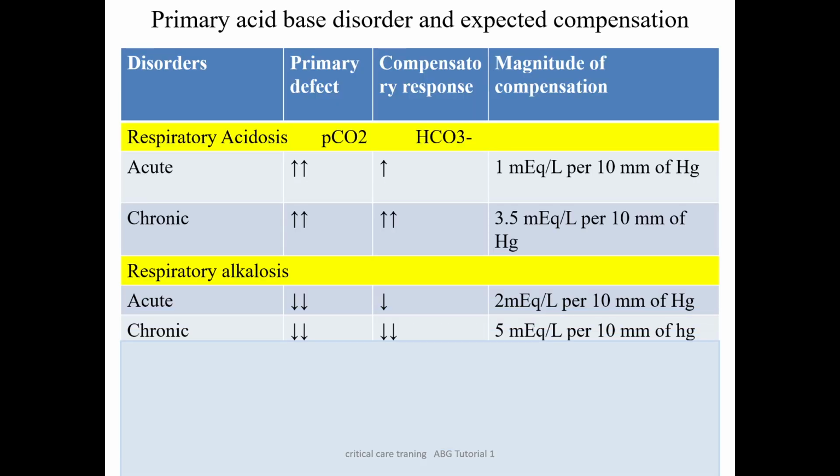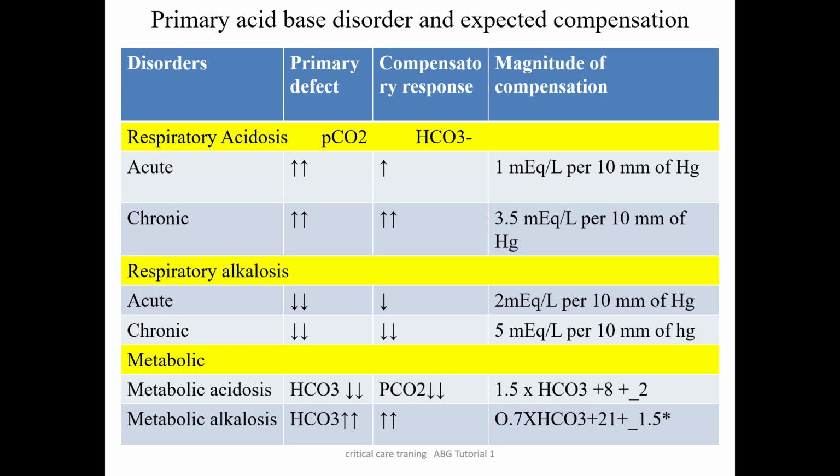Second step, we discussed checking the primary acid-base disorder, or whether there is an additional acid-base disorder. We know that in acute conditions there is a 1 milliequivalent rise in bicarbonate for every 10 millimeter rise in CO2. In respiratory acidosis, the renal system takes certain time.